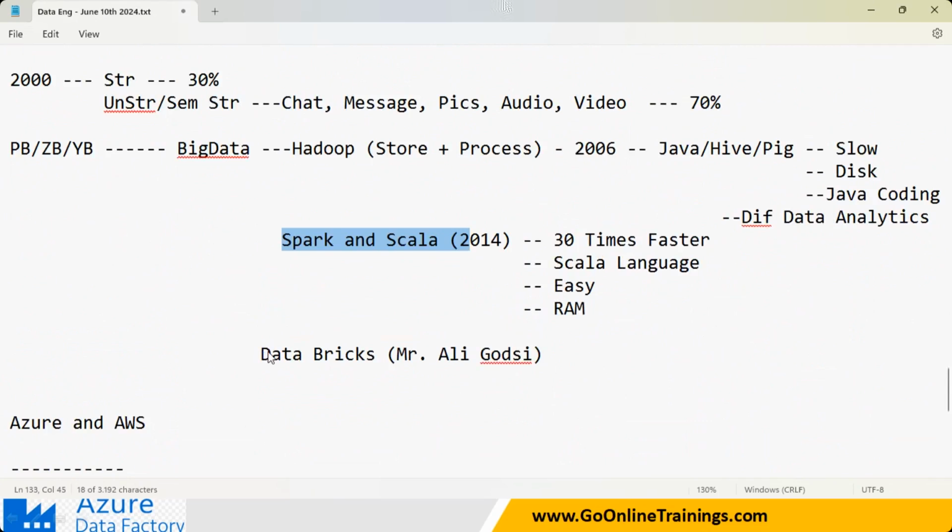So why is Databricks used? Because Databricks has an easier way to perform activities on the data than when you take Spark and Scala directly. For example, I want to book a train ticket. I can go to the railway station and book a ticket. I can go to the counter and book a ticket, or I can go online and book a ticket.